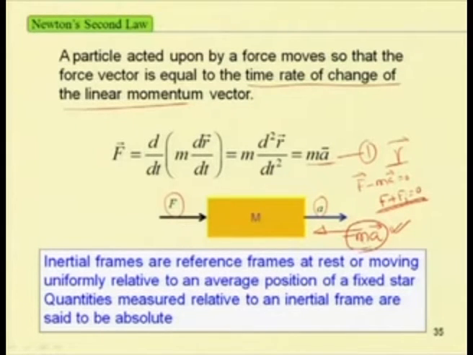So, the disadvantage of this system is that the parameters we are using, that is this force and this acceleration, are all vector terms. So, they depend on both magnitude and direction.